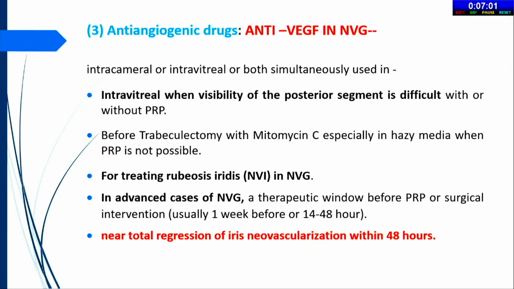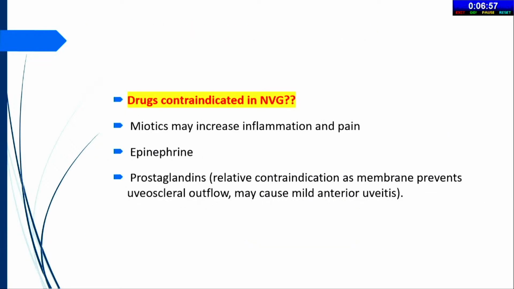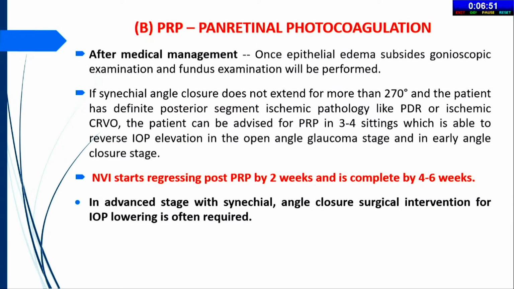They will not give any hemorrhages, otherwise there could be a chance of hyphema and complications. But if you do only anti-VEGF, they will recur again. So you have to do a PRP.